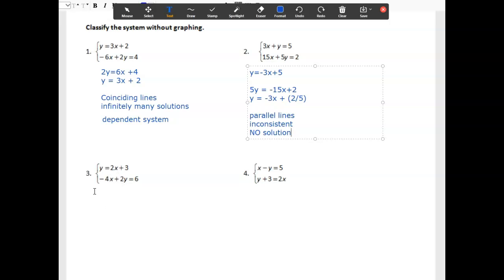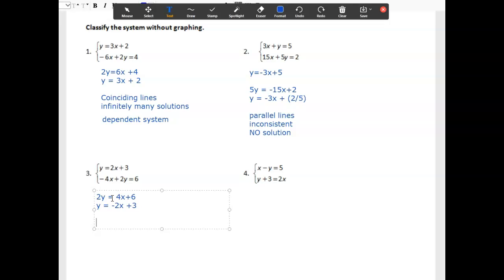In example number 3, the first equation is already solved for me. The second equation says we're going to add over the 4x. Then we're going to divide by 2. And this time when I compare their slopes, the slopes are different.